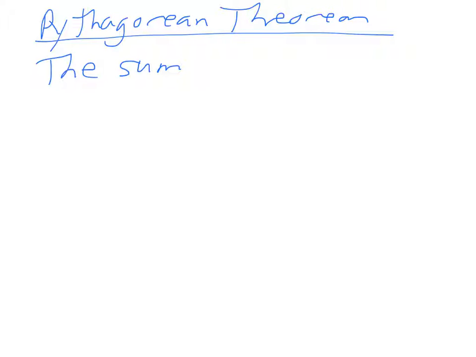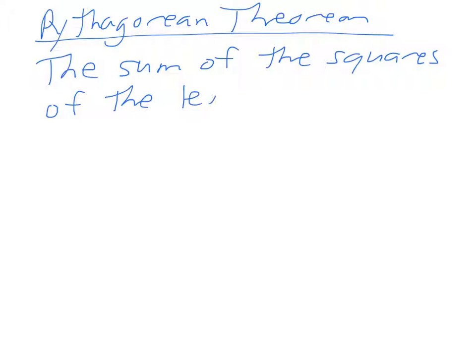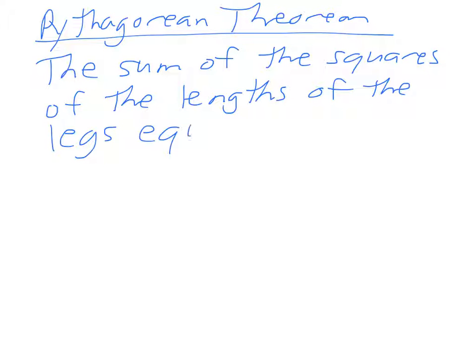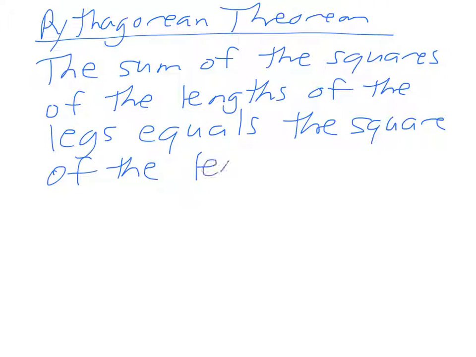The sum of the squares of the lengths of the legs equals the square of the length of the hypotenuse.